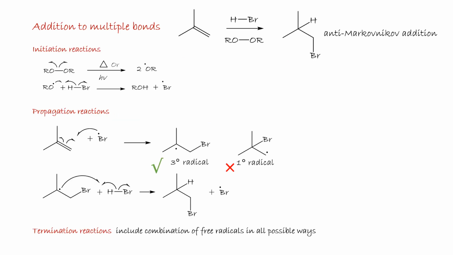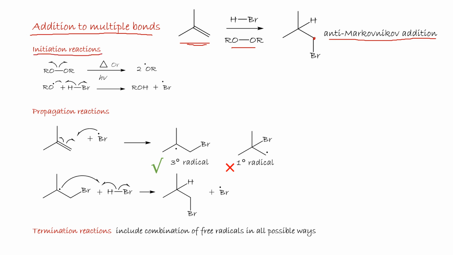Addition reaction to multiple bond as an example of free radical reactions. Alkene reacts with HBr in presence of peroxide to form the anti-Markovnikov product. We will get that in detail later on in alkenes.